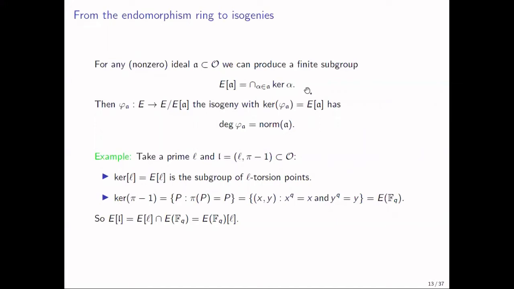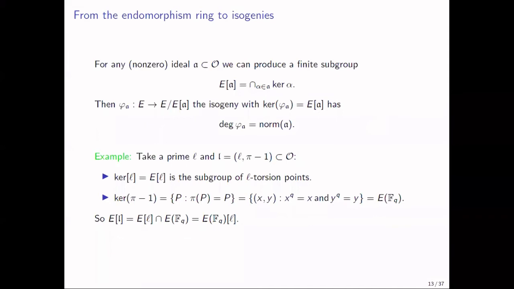That gives us a finite subgroup. And once we have a finite subgroup, we can take the isogeny which has the subgroup as its kernel. And what happens actually is that the degree of the resulting isogeny is going to be the norm of the ideal, which is something that you need to prove, but it's not hard.